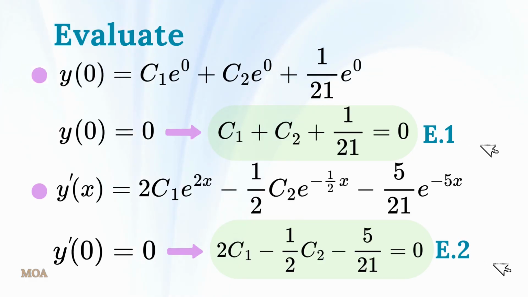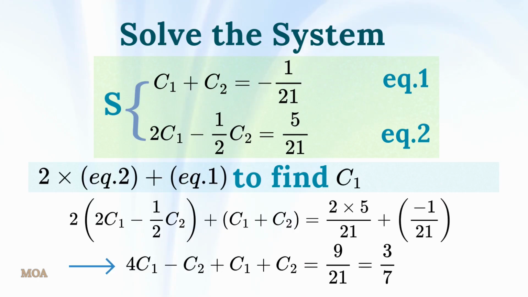Again, since e raised to the power of 0 equals 1, we obtain y prime of 0 equals 2 times C sub 1 minus 1/2 times C sub 2 minus 5 over 21. But y prime of 0 is given as 0, so 2 times C sub 1 minus 1/2 times C sub 2 minus 5 over 21 equals 0. This is equation 2.